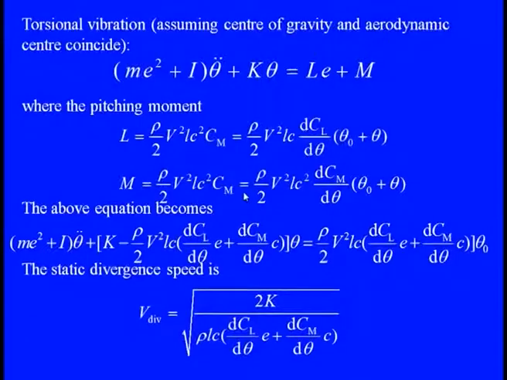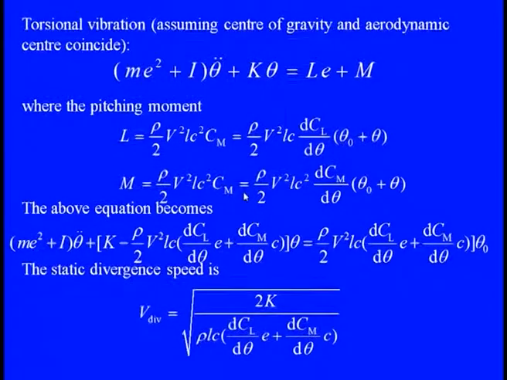So when we do these things, there is a clear torsional feature of the vibration when the center of gravity and aerodynamic center coincide. When that happens, we get the equation of motion with I, the mass moment of inertia, as I omega square plus the stiffness features k minus rho V square L C by 2 dC_L by d theta.